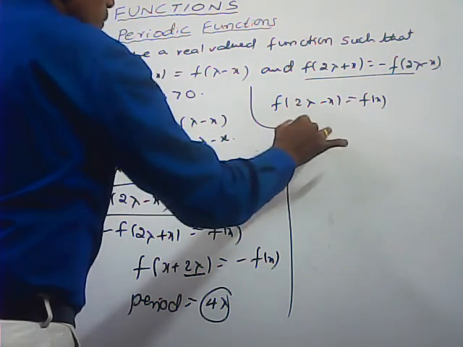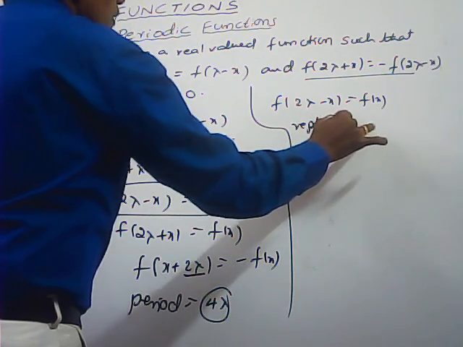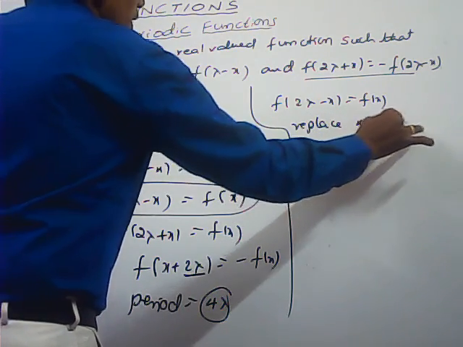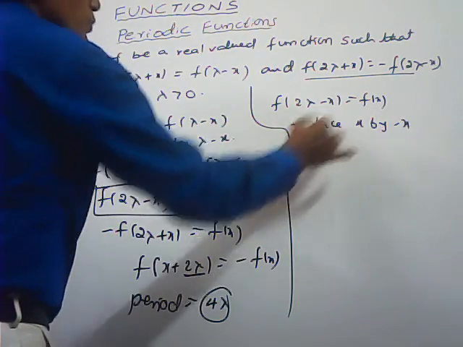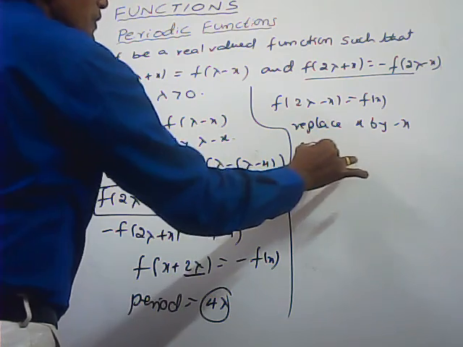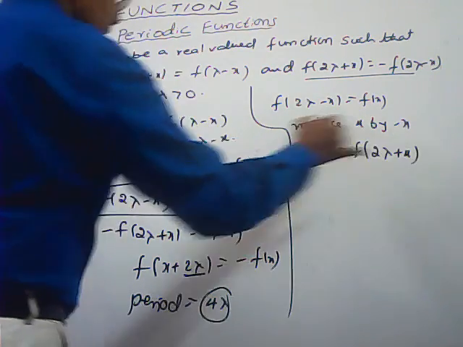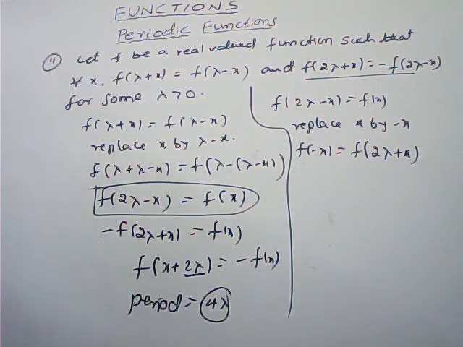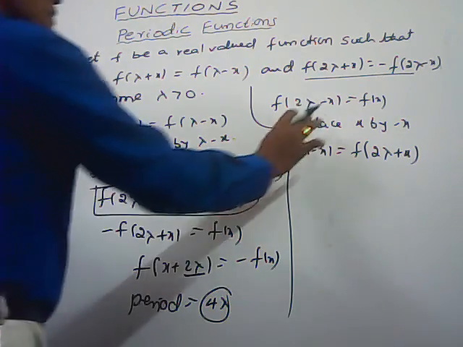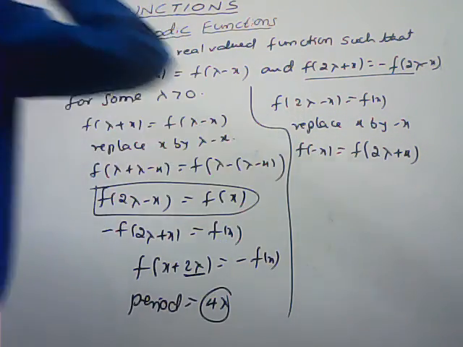Now here you can replace x by minus x. So this side we get f of minus x is equal to f of 2 lambda plus x.